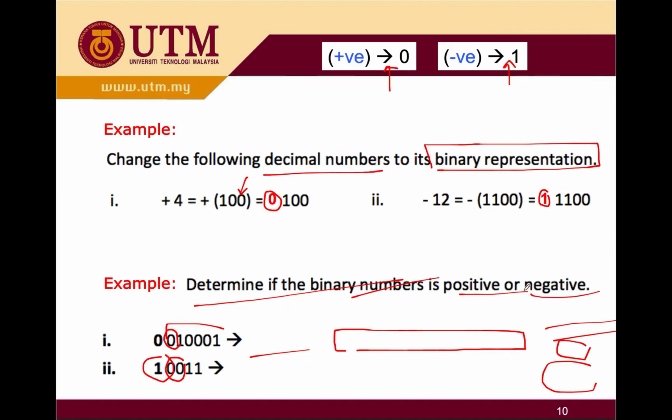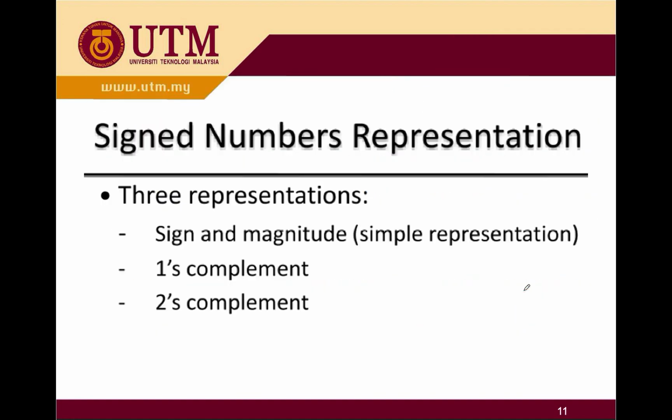But when you play around with the complements, you might need to be a little bit cautious, but just focus on this. I think you can just go through. It's quite easy if you really understand and just apply the equation. So there are 3 representations of signed numbers.